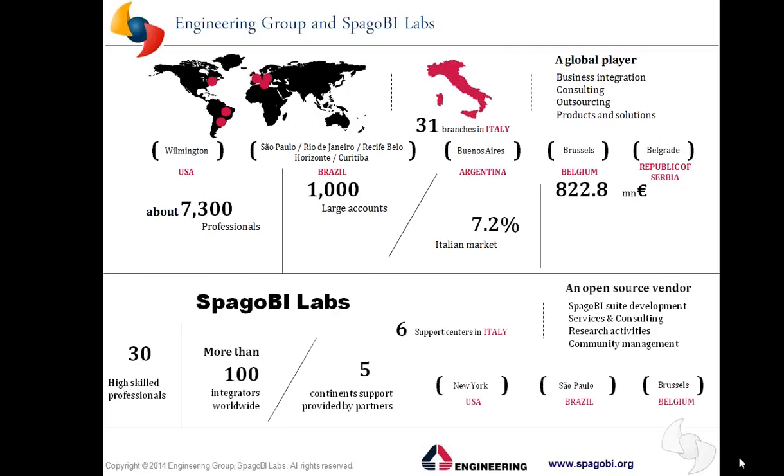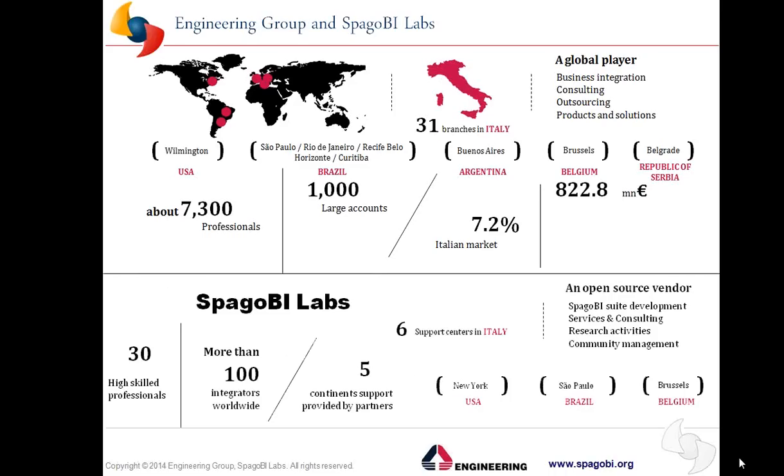And particularly, the SpagoBI labs are composed of around 30 professionals who basically develop the SpagoBI suite and deliver professional services on top of that, which means consultancy, business intelligence projects. We also carry out research activities. As I said, basically, it's research and innovation. It's always kind of applied. And we manage the community around SpagoBI. So this is who we are.